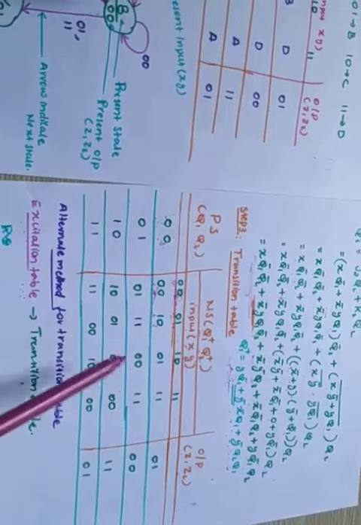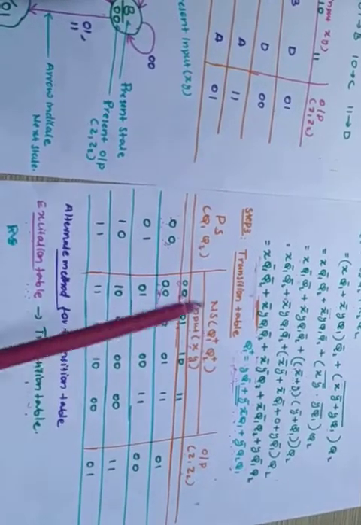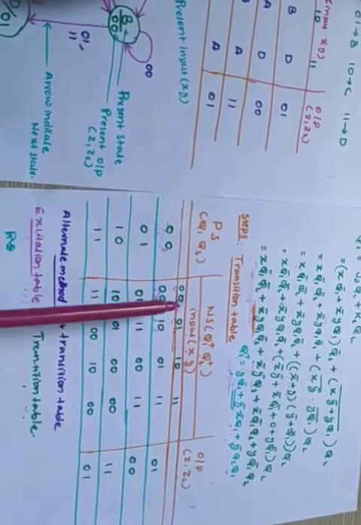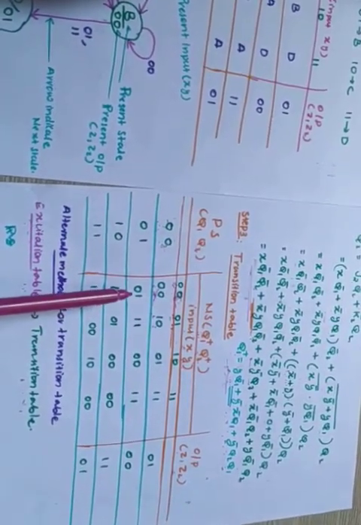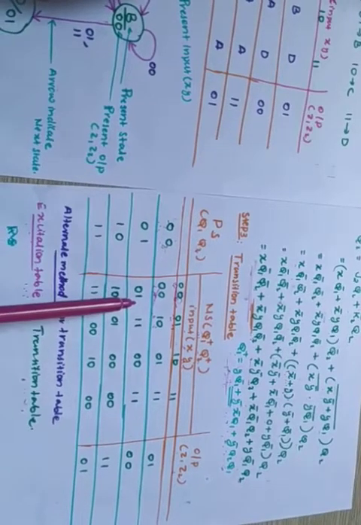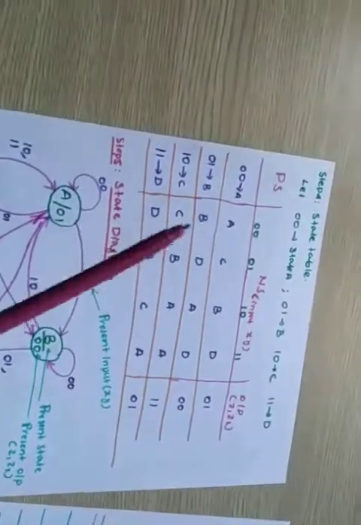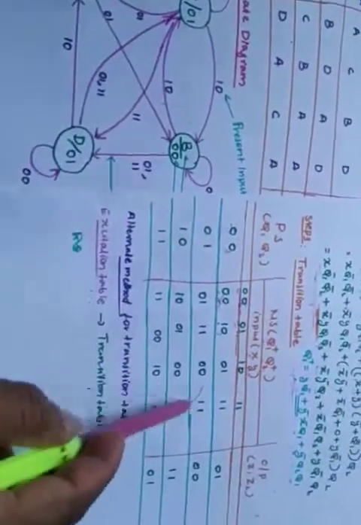So you don't have to worry about writing this table. You have already written the transition table. You just have to put 00 as A, 01 as B, like that. So 00 is A, 01 is B, 10 is C, 11 is D, and again 00 is A, 01 is B, 10 is C, 11 is D. This is actually the transition table.